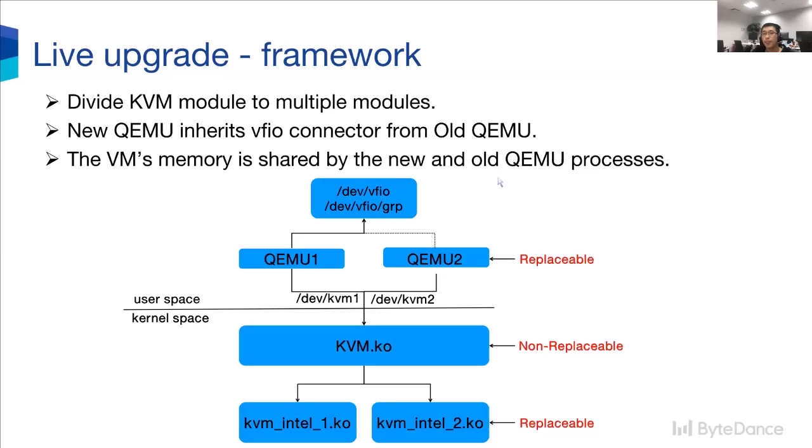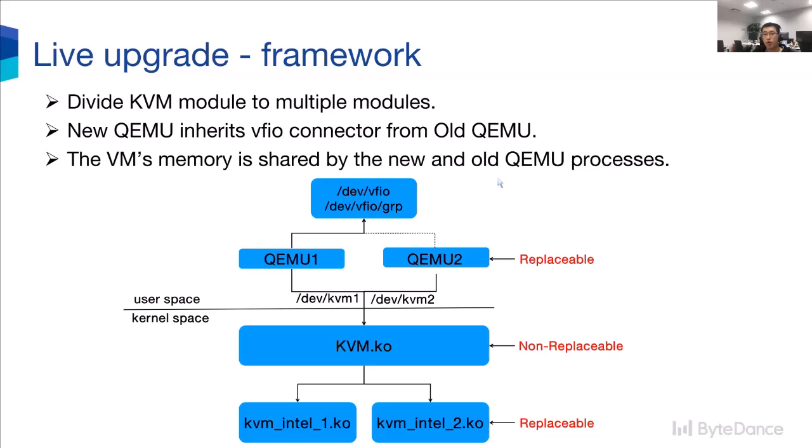In Linux, device pass-through is enabled by VFIO. During the live upgrade, we inherit the VFIO connector from the old QEMU to the new QEMU. And the VM's memory is shared by the new and old QEMU processes.